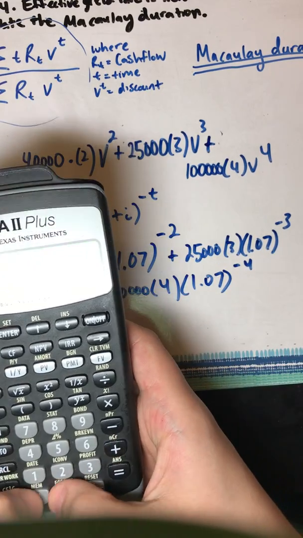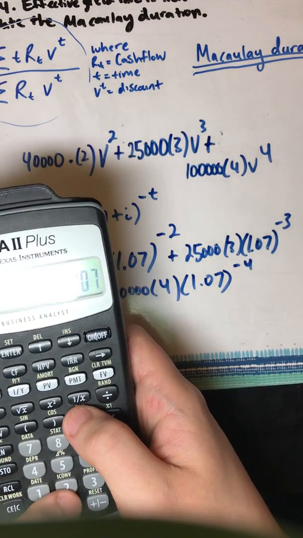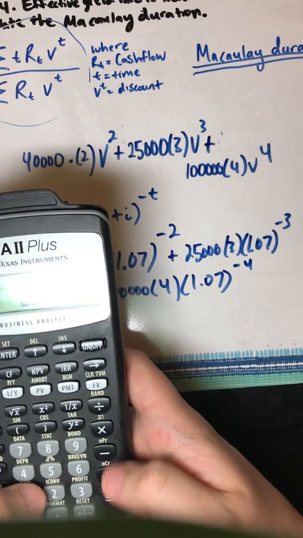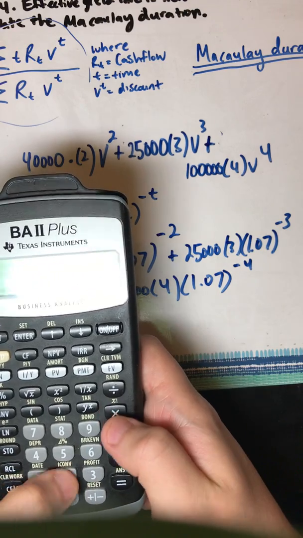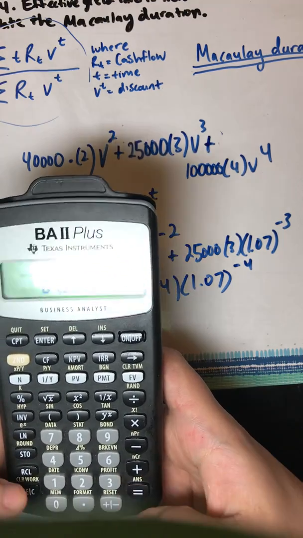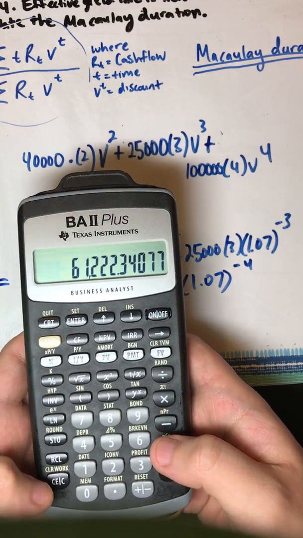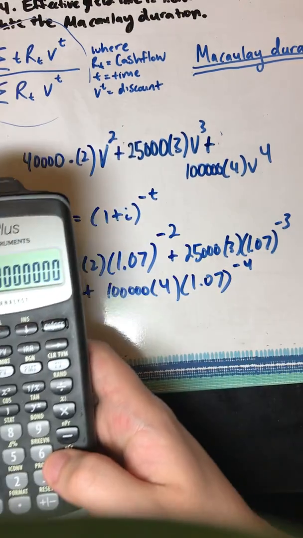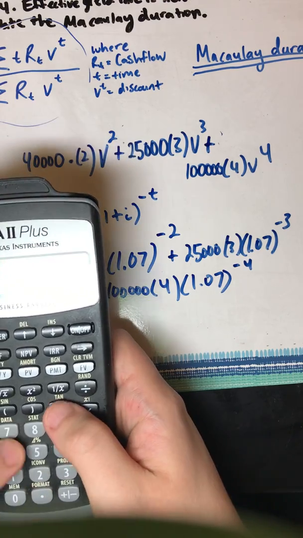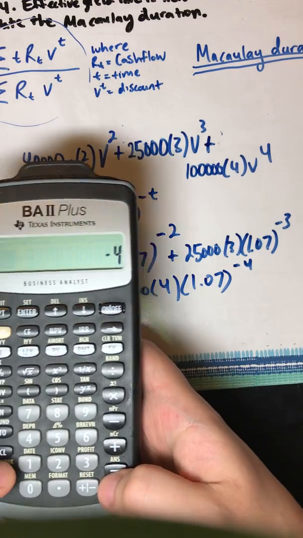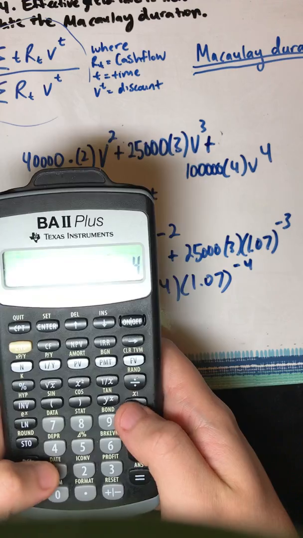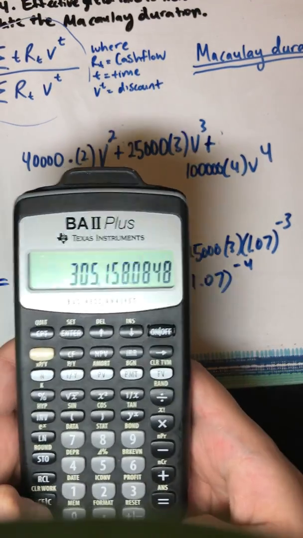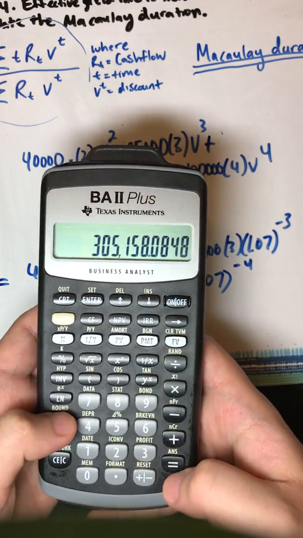And then we move on to the next cash flow, which is 1.07 to the negative 3 times 3 times 25,000. That gives us 61,222. And we'll store this in storage 2. And then for the final one, 1.07 to the negative 4 times 4 times 100,000 gives us 305,000, and we store this in 3.